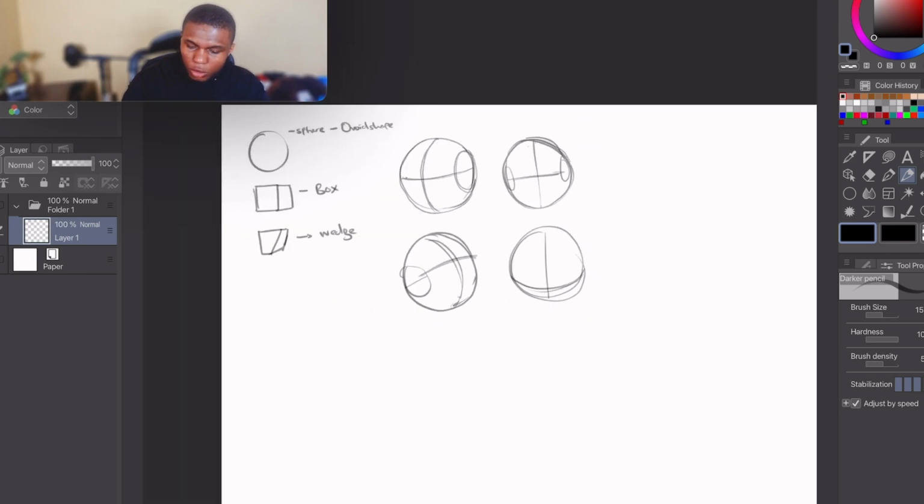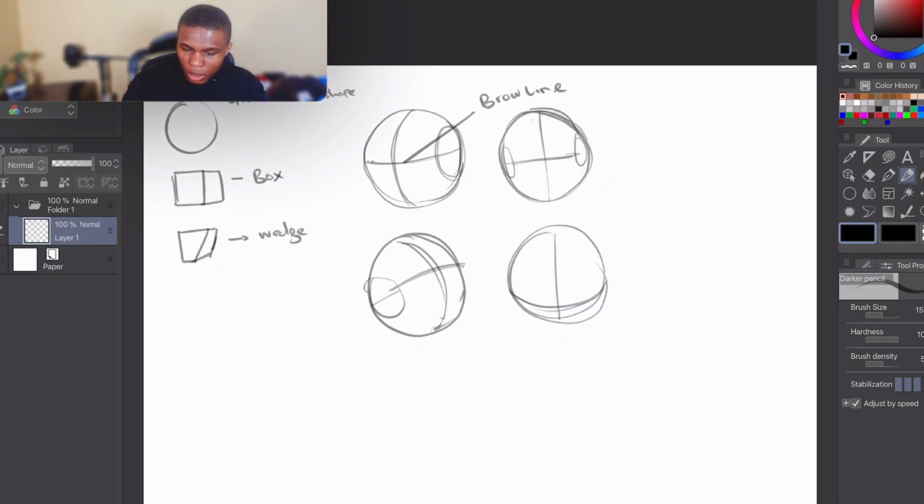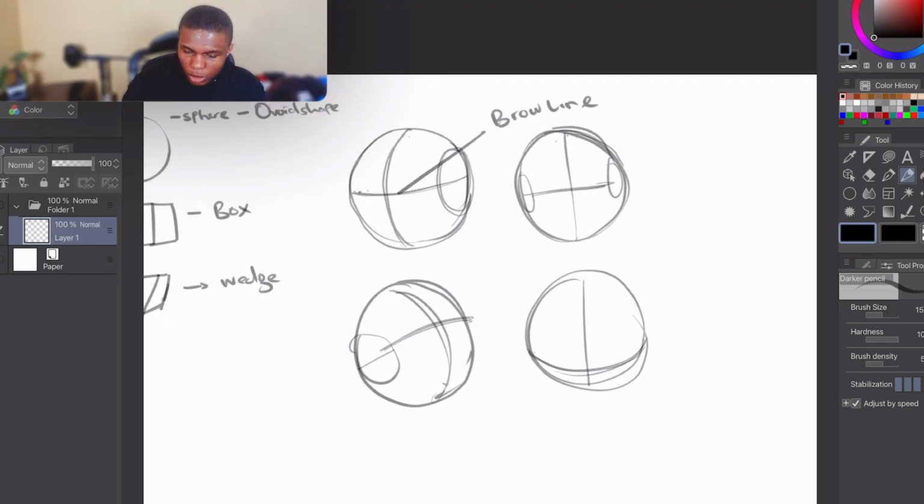All right. So this center line in particular is going to help with separating the features of the face. This line over here is the brow line, and it's going to help you when you're breaking down the planes of the face and when you're placing things in order.